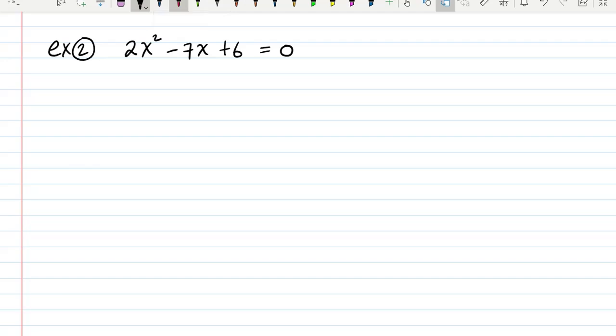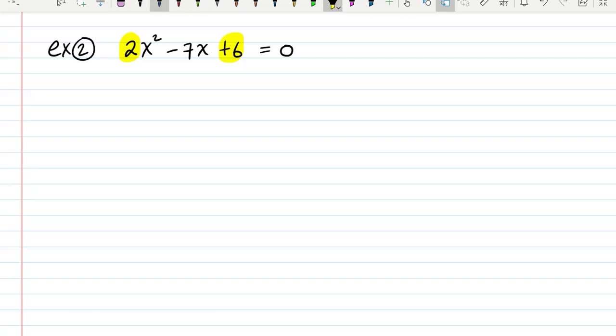So let's start factoring. I'm going to use the decomposition, but if you like to use the crisscross, you're welcome to use that. But let's try finding the product first. So the product is from multiplying the leading coefficient and the constant term.